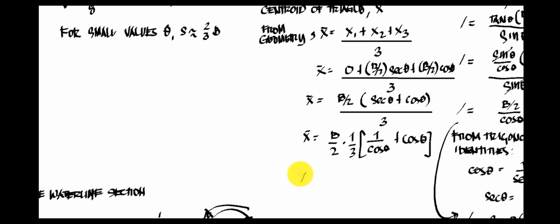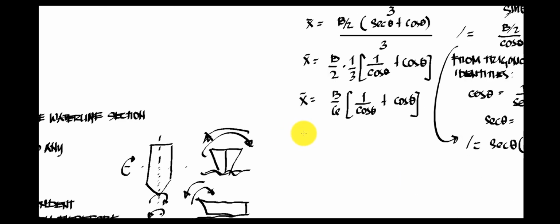So this will become your x bar is equal to B over 6 times 1 plus cosine squared of theta, all over cosine of theta.